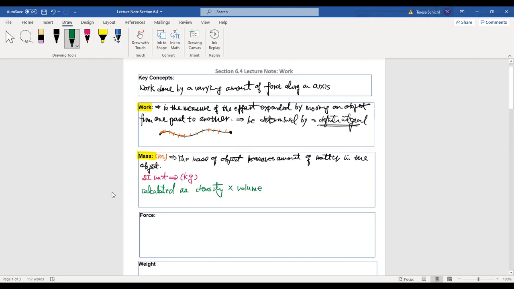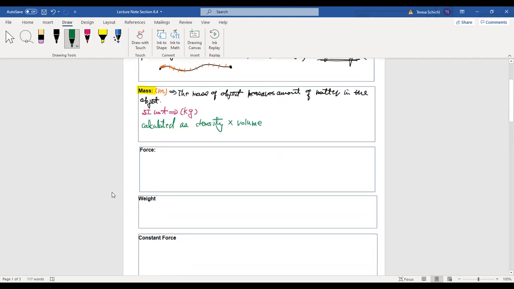Now the next definition is what we call the force. What is the force? You can push something or you can pull something, so both are a force.